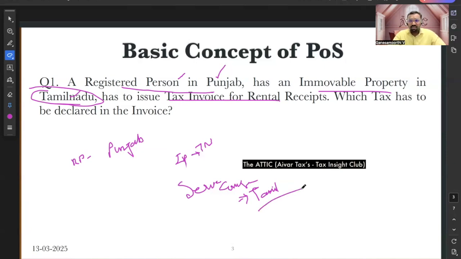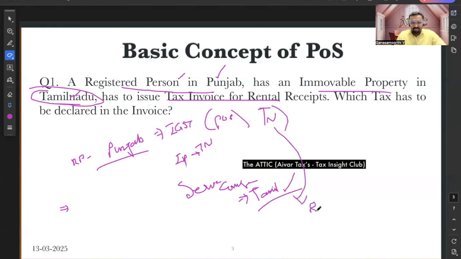As I have already said, I'm not going to discuss the provisions or sections about place of supply; it is only to understand the basic concept. Tamil Nadu is the eligible state to get the revenue. So which tax should be collected by the Punjab registered person? It should be IGST. He should collect IGST and mention the place of supply as Tamil Nadu. Then only Tamil Nadu state will get the revenue.